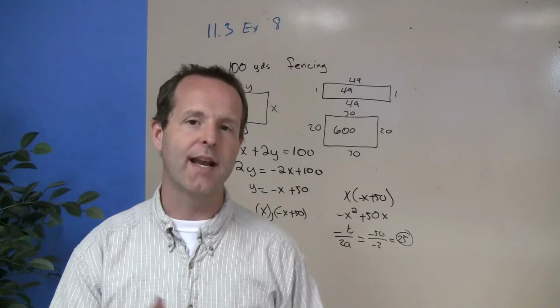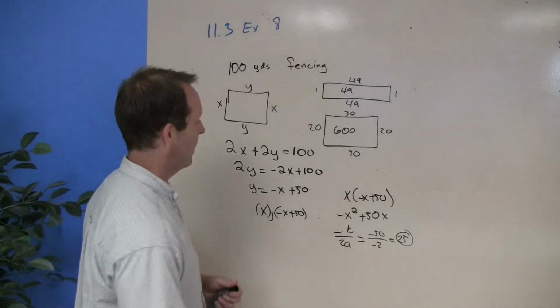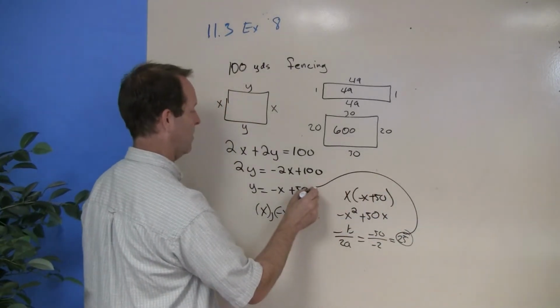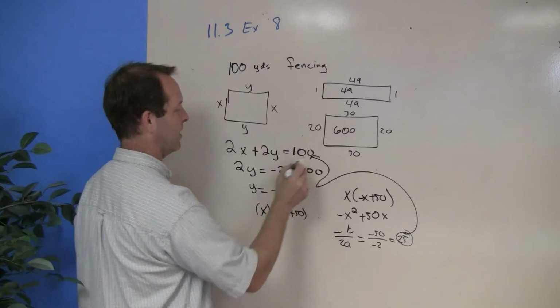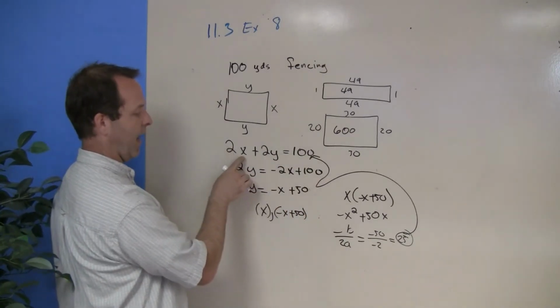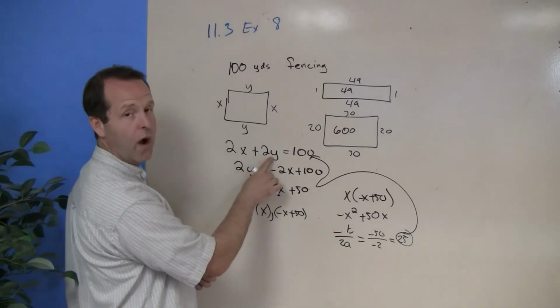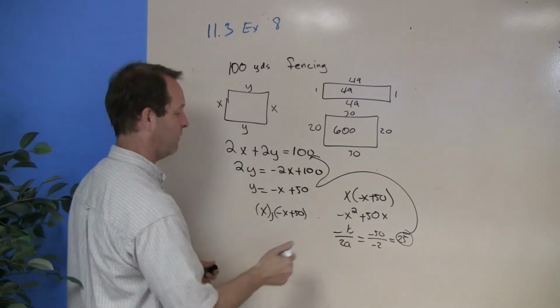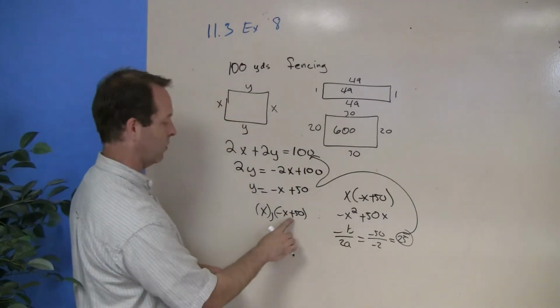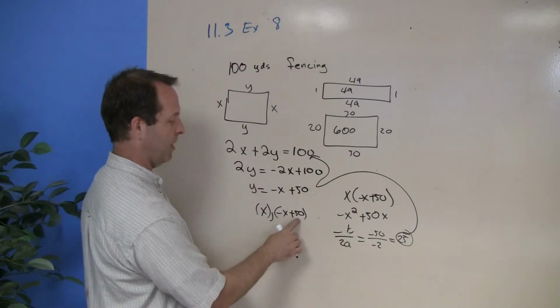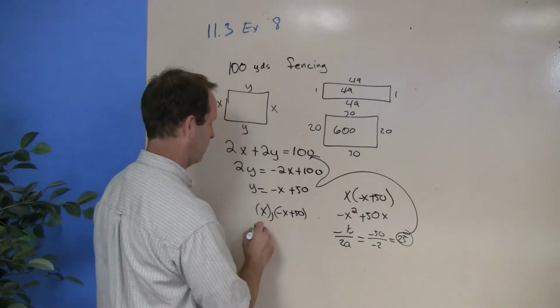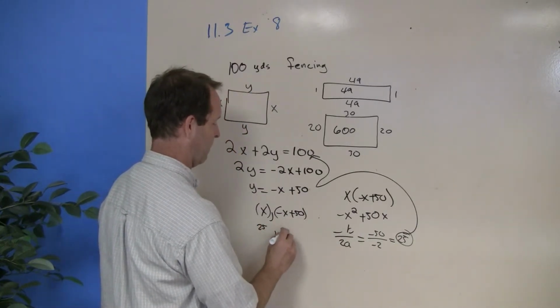I just have to find out what that other value is that makes it work. I can plug that 25 back into my original equation. There it is. So x equals 25. What does y equal? Solve that out. Actually, I can look right here too. Minus 25 plus 50. The other number is also 25.